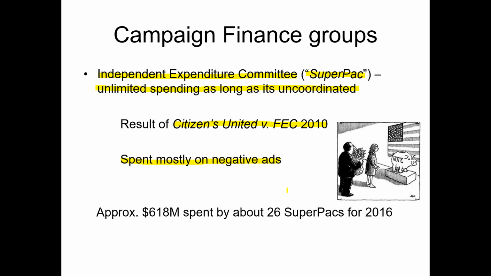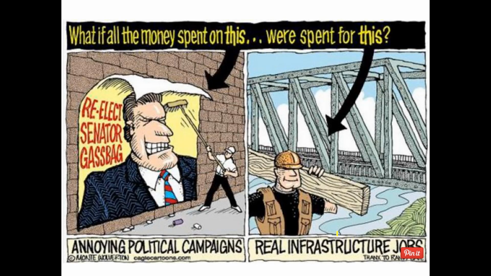About $618 million was spent in 2016 by about 26 total super PACs, and campaign spending is increasing quite dramatically with each election cycle, which lends itself to lots of debate.